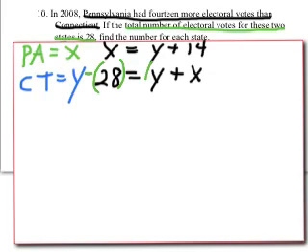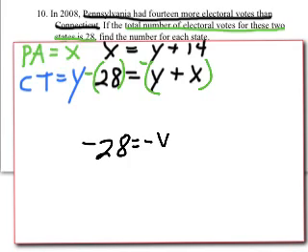Negative times this side, negative times this side. You notice I didn't distribute over both of them, so I'm going to just rewrite it down here. Negative 28, negative 1 times that side is negative 28, times the other side is negative y minus x.